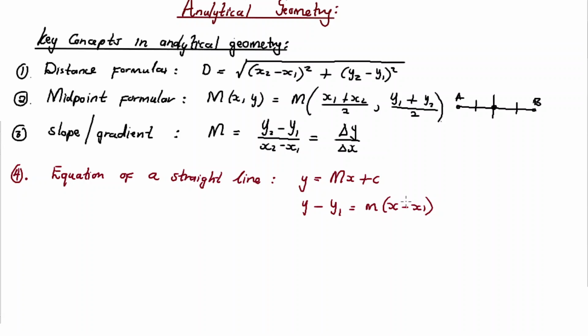For the equation of a straight line, we use this or this, for any straight line, provided you have some information. But for this recording, we're going to be focusing on the first 3 points. You can look at this discussion as a recap of some of the key concepts here in analytical geometry.